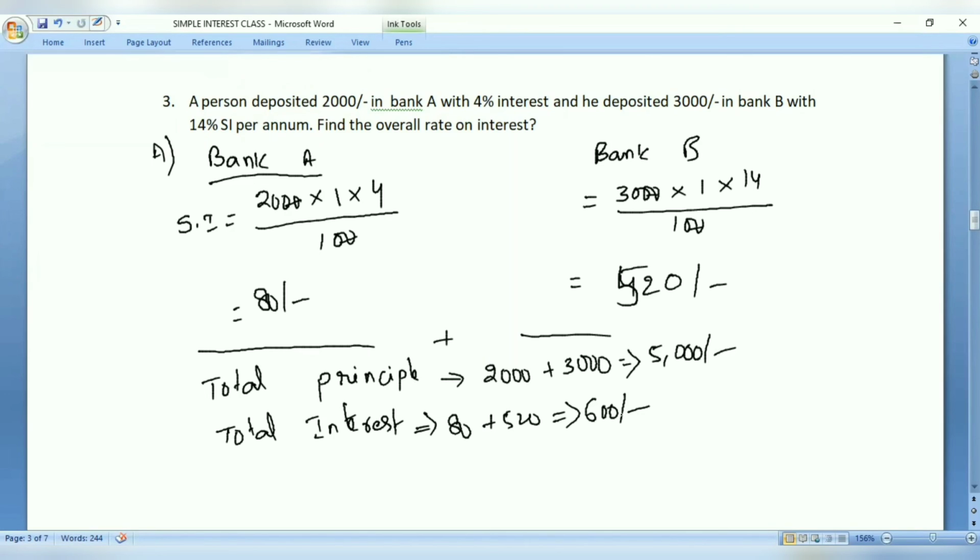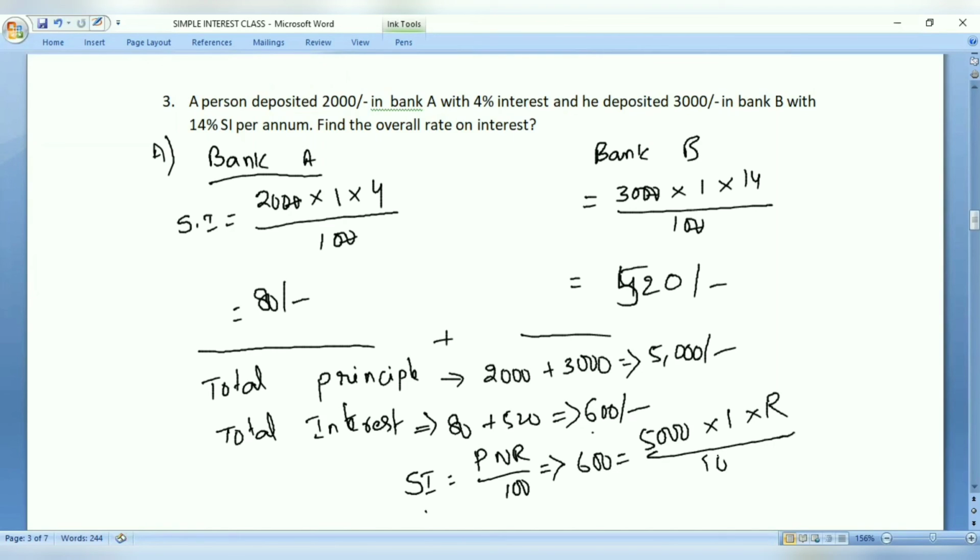Time period again 1 year. So if you want to calculate the overall rate of interest from the formula, simple interest is equal to P into N into R divided by 100. Now you want to calculate the rate of interest. Simple interest that we earned is 600 rupees, that is equal to combined principal 5000 rupees, time period 1 year, rate of interest we do not know, make it R, divided by 100.